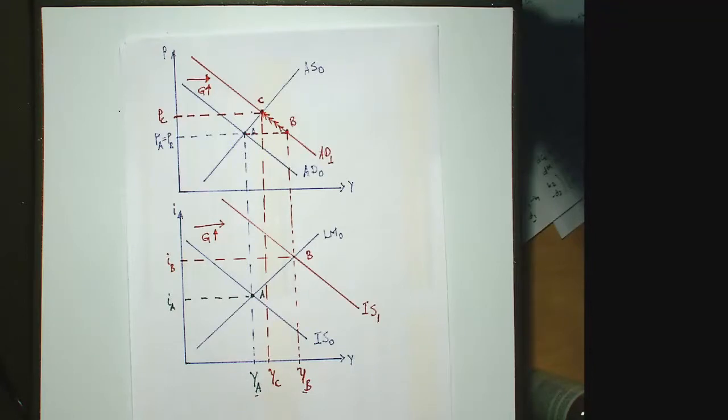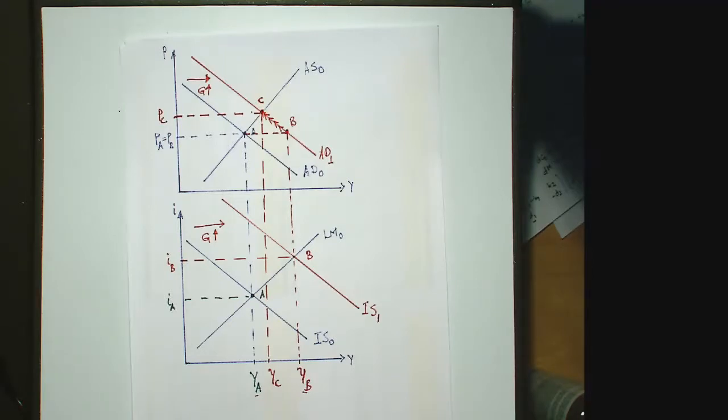We have seen that the price level in our AS-AD diagram increased from PA to PB, and PB to PC, so the price level actually increased. This has an implication in our money market. If the price level increases, our real money supply, represented by the formula M divided by P, would decrease.